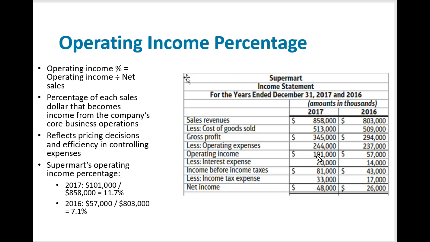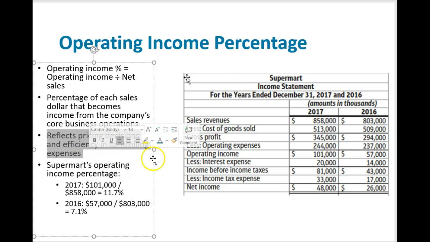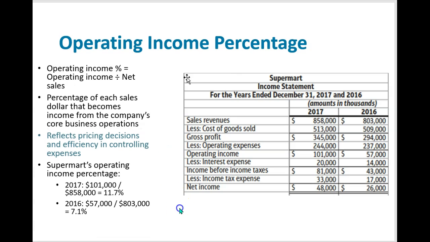Now they say this, you want to pay attention right here. This reflects pricing decisions and efficiency in controlling expenses. That's what it tells you, because we're looking at income from operations. In 2016 it was 7.1%, and it increased quite a bit in 2017 to 11.7%.